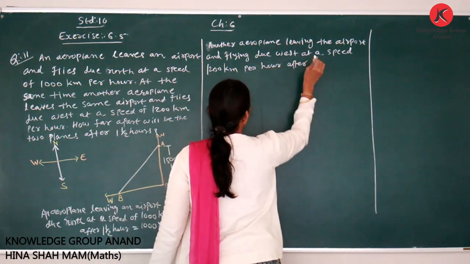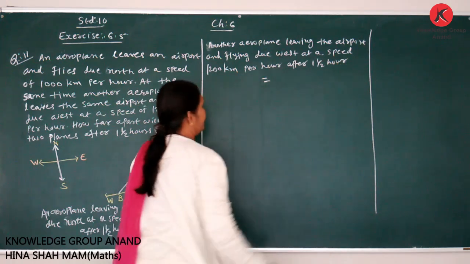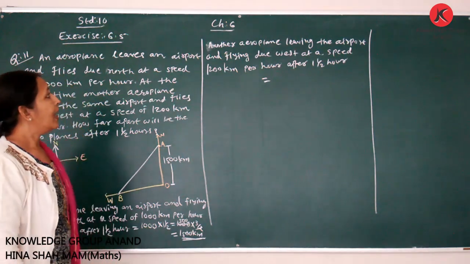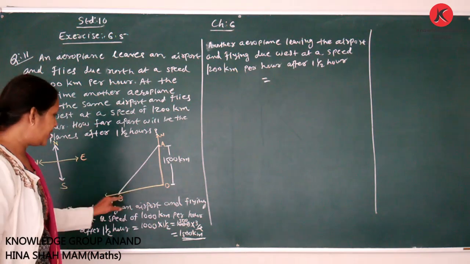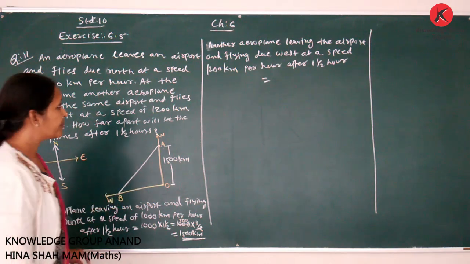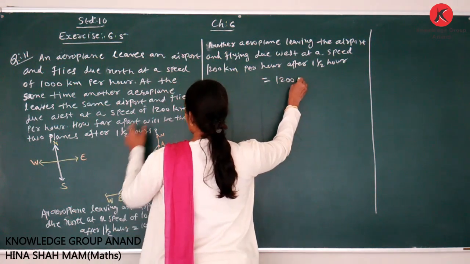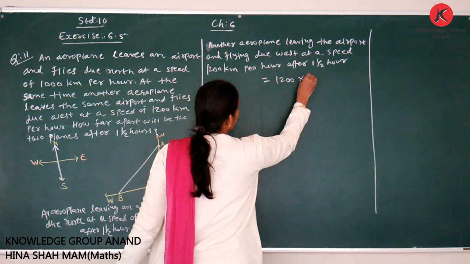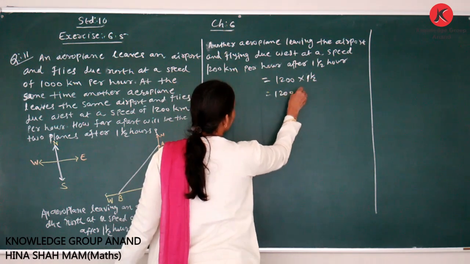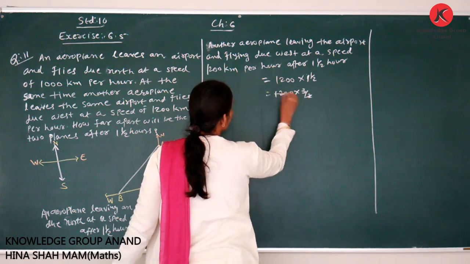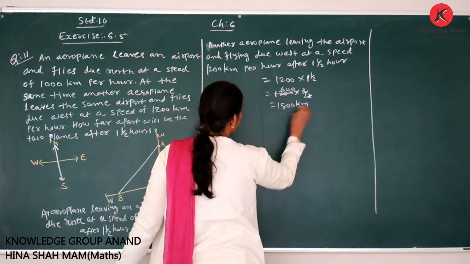after 1.5 hours is equal to... another aeroplane leaving the airport and flying due west. The speed is 1200 multiplied by 1 integer 1 upon 2, which is 1200 multiplied by 3 by 2, which is 1800 kilometer.